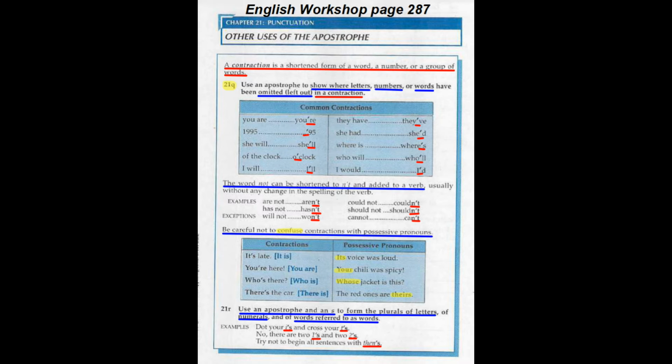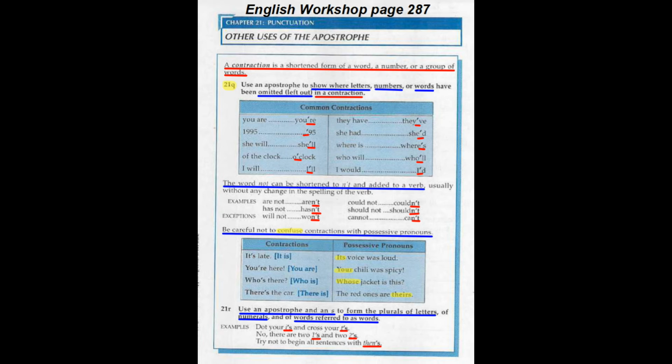She will, the apostrophe is taking the place of the W and the I. Of the clock, o'clock, the apostrophe is taking the place of the letter F in of and the word the. So it's o'clock. I will, I'll, the apostrophe is taking the place of the W and the I. And you can look at the other contractions in that same grouping on the other side of the blue boxed area. And just notice what the apostrophe is taking the place of.